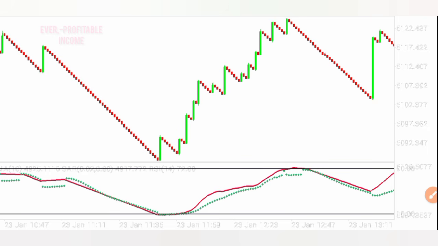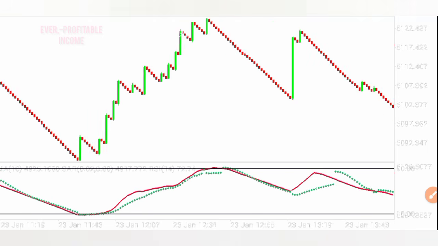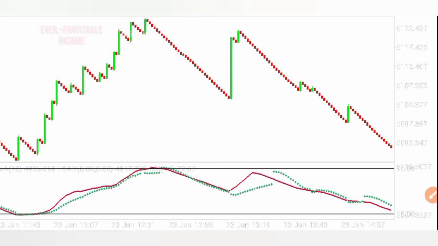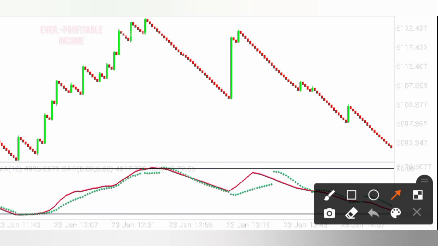This strategy is also effective in scalping. When you look at our chart, you can also use it effectively to scalp the little candlesticks right over here. When it reached the overbought level, the MA and the parabolic SAR reached the overbought level.